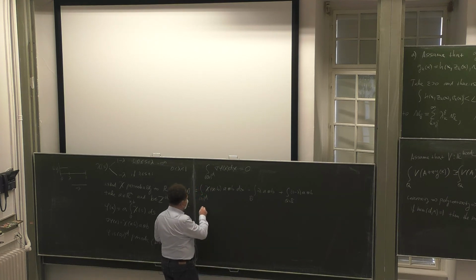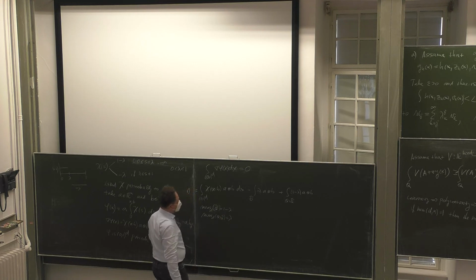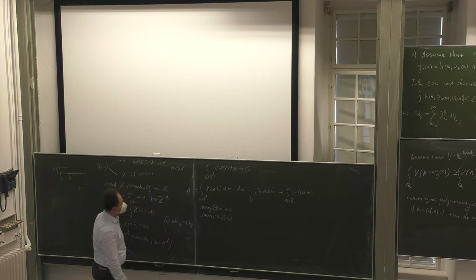So the measure of Q tilde is 1 minus lambda, and the measure of Q minus Q tilde is lambda, because they have to sum up to 1.